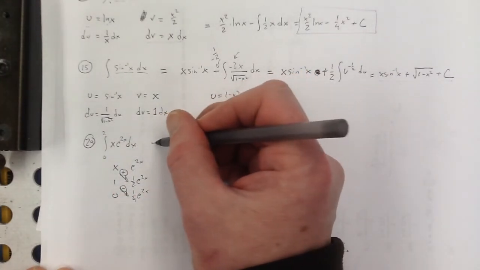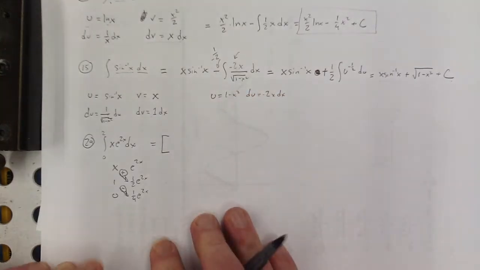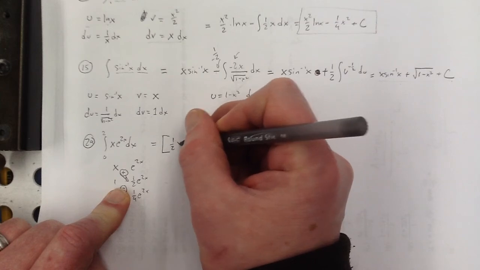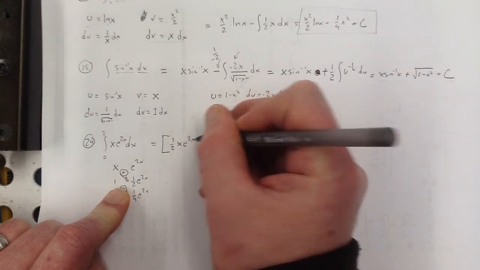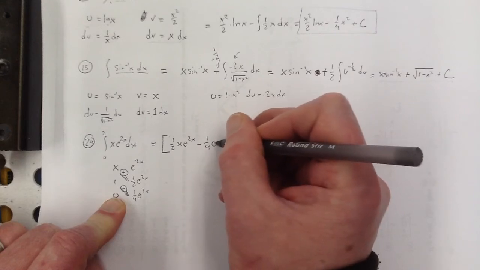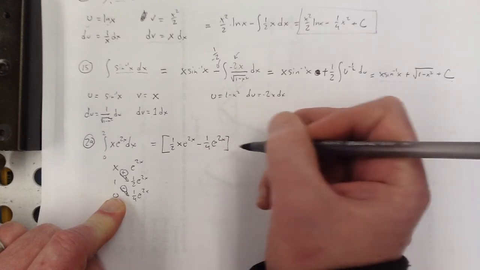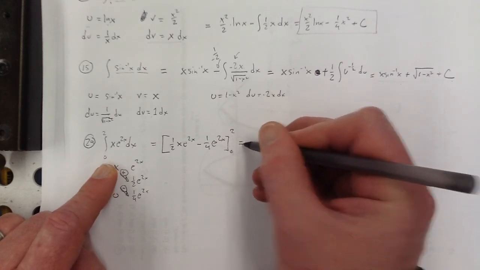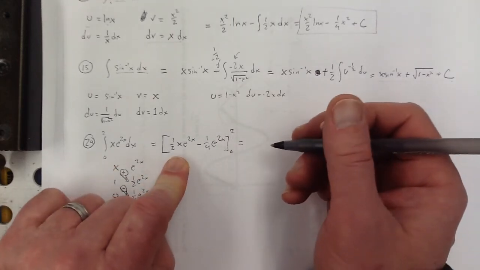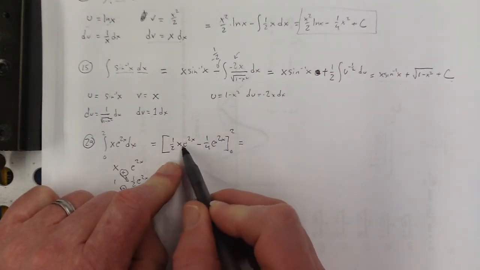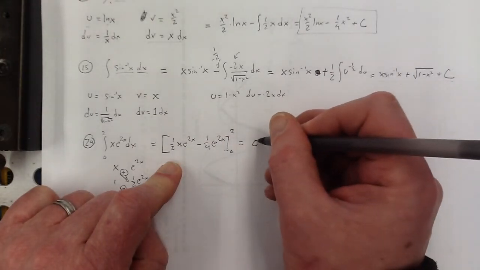So the antiderivative of this is 1/2 x e to the 2x minus 1/4 e to the 2x from 0 to 2. So let's see, I plug the 2 in here, I get 2 times 1/2, those cancel out, e to the 4th.